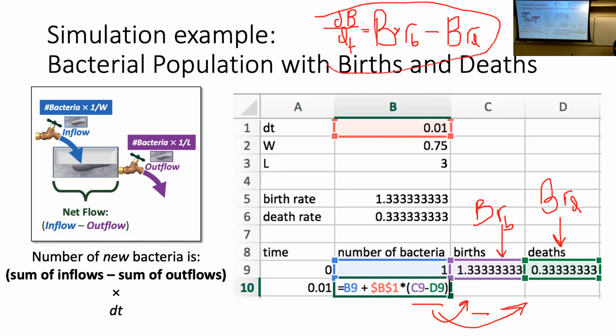If I was in a calculus class, I might be given this formula: dB/dt is equal to B times RB minus B times RD.